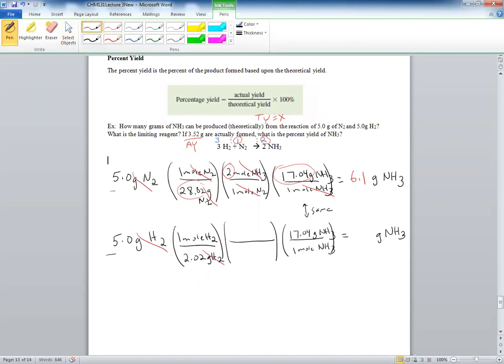And the ratio of hydrogen to ammonia would be 3 to 2. So that would be 3 moles of H2 to 2 moles of NH3.